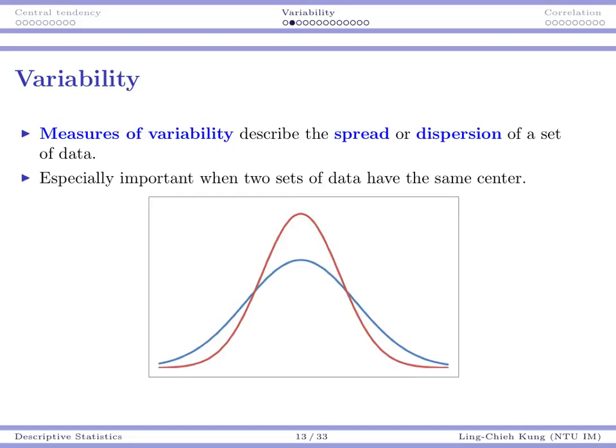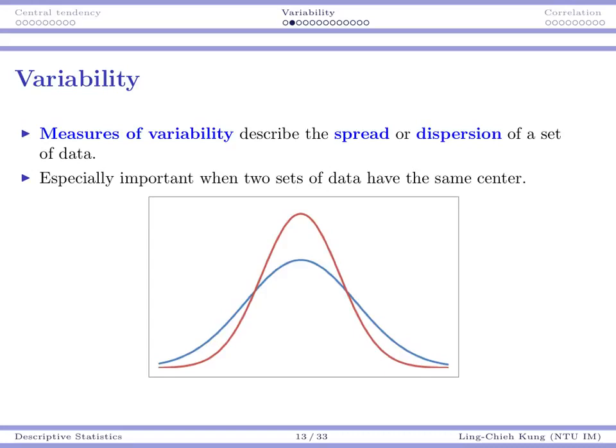Okay, this is especially important when two sets of data have the same center. For example, here we have two curves. Each one you can think of as some kind of approximation of a frequency polygon. So here we have two distributions. We can see that they have the same center.